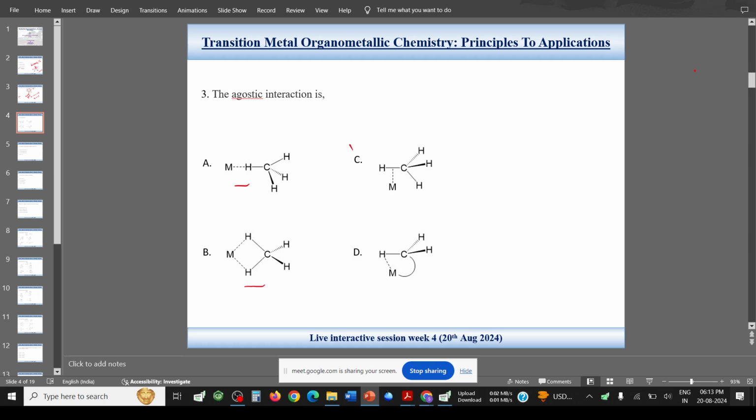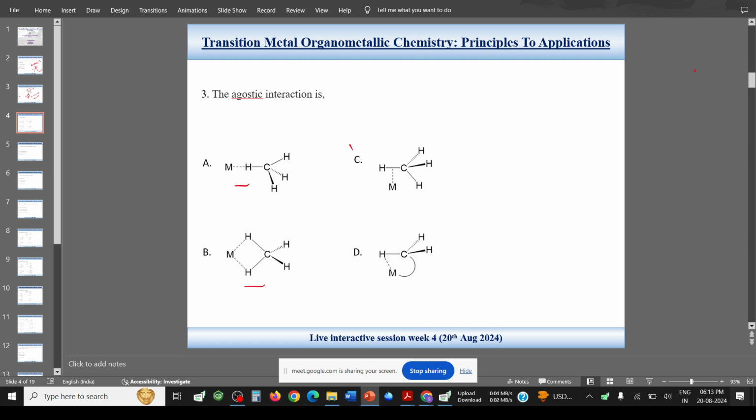In agostic interactions, yes, the bond length is less than 2.3 angstroms, I think so.